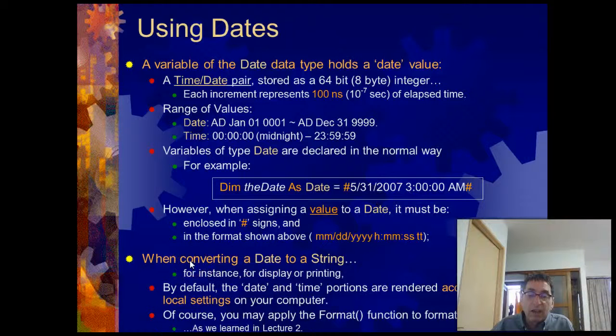When converting a date to a string, if you want to display or print the date, by default, the date and time portions are rendered according to the local settings on your computer. And of course, you may need to apply the Format function to format. So we'll see that again.